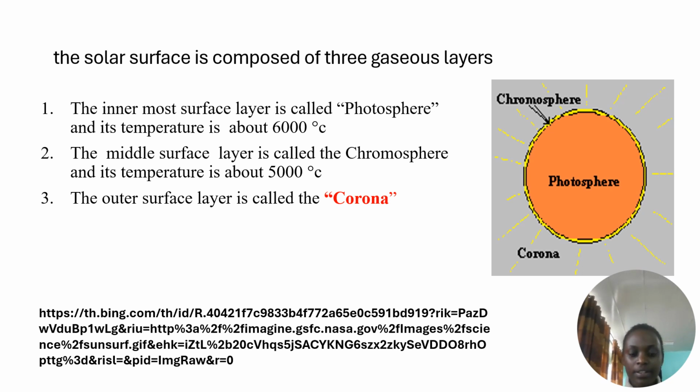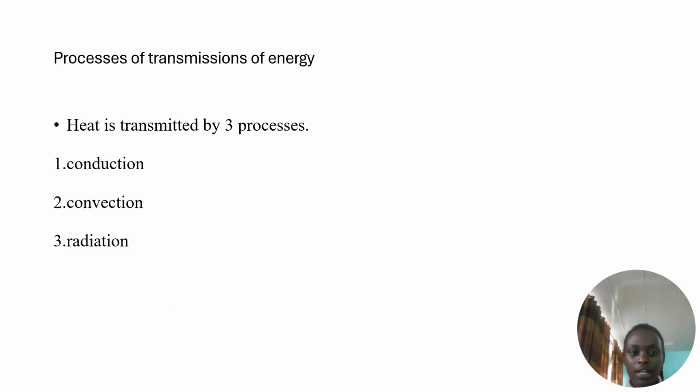The middle surface layer is called the chromosphere, and its temperature is about 5,000 Celsius. The outer surface layer is called the corona. Here I have a picture which demonstrates the layers of the sun: corona, chromosphere, and photosphere.